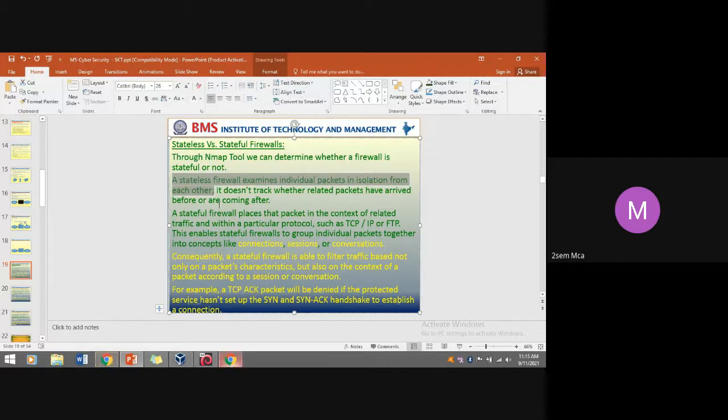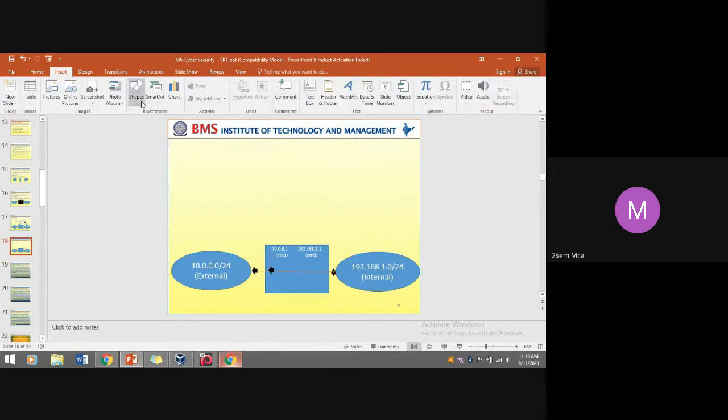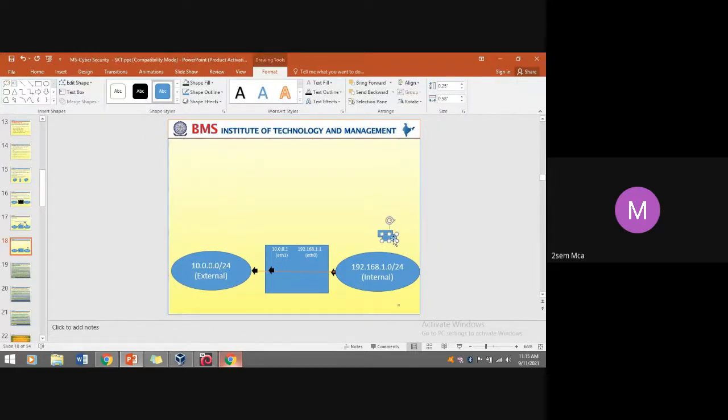Please understand, this is interesting. If packets are coming from the network, let us say this is one packet, another packet 2, packet 3, packet 4, packet 5. There are five packets generated from this internal network. When the internal network sends to the firewall, the packet arrives at the firewall, and the firewall rules are checked.